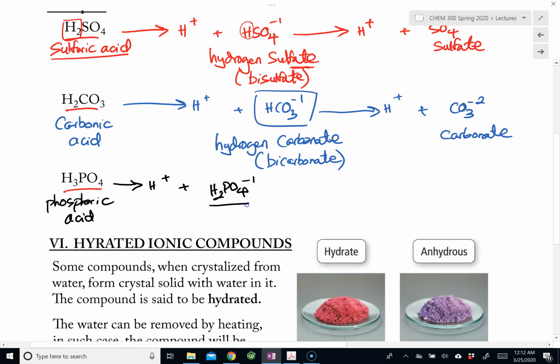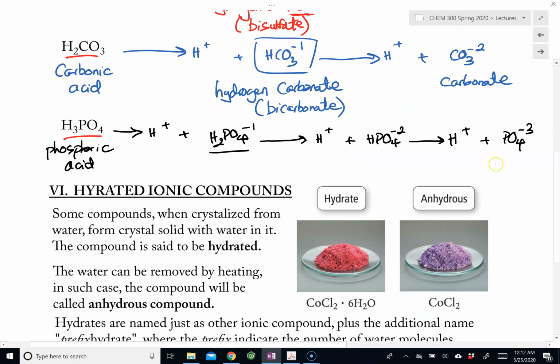And once we have this intermediate already, it can further give up another proton. And now the remainder of it will become 1 hydrogen left with PO4, and now the charge becomes -2. And this can further give up another proton to finally become PO4 with a charge of -3. And we have learned already that this is now named as phosphate.